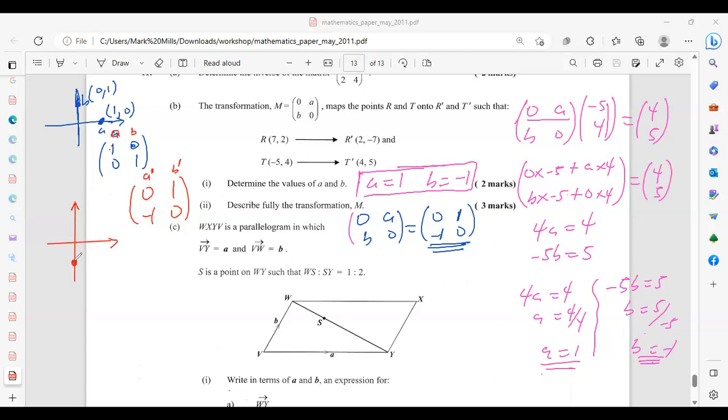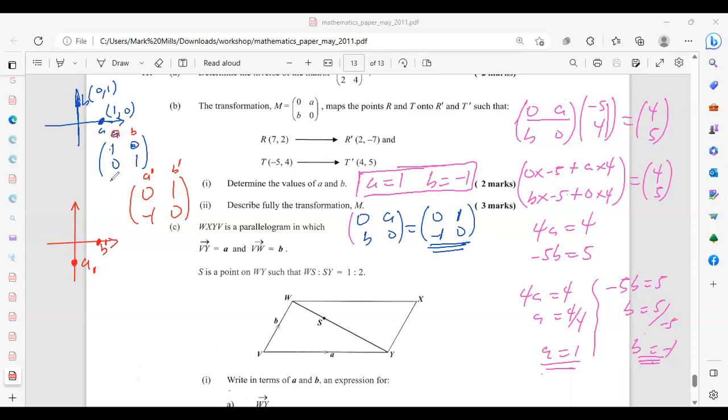So here is your A1. What will be your B1? 1, 0. Where will I put it? 1, 0 is not above it. 1, 0 would be right here. Everybody see that?